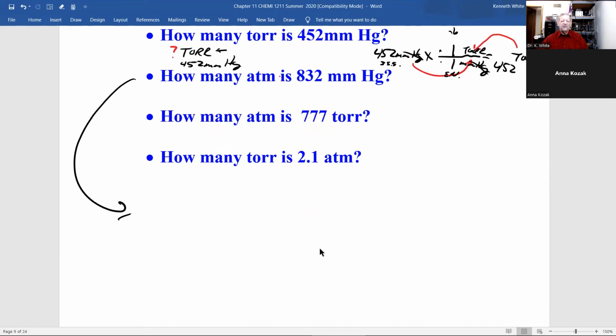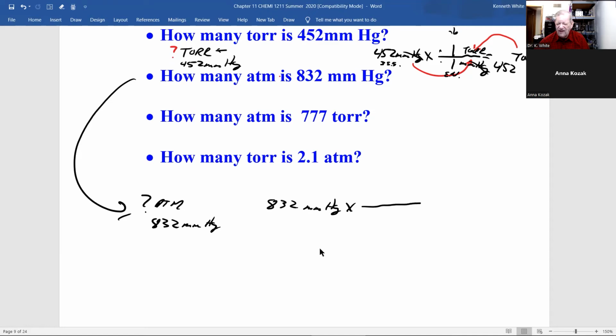How many atmospheres is 832 millimeters of mercury? So what are we trying to find? Atmospheres. What are we given? 832 millimeters of mercury. And the only number we have to work with is this.